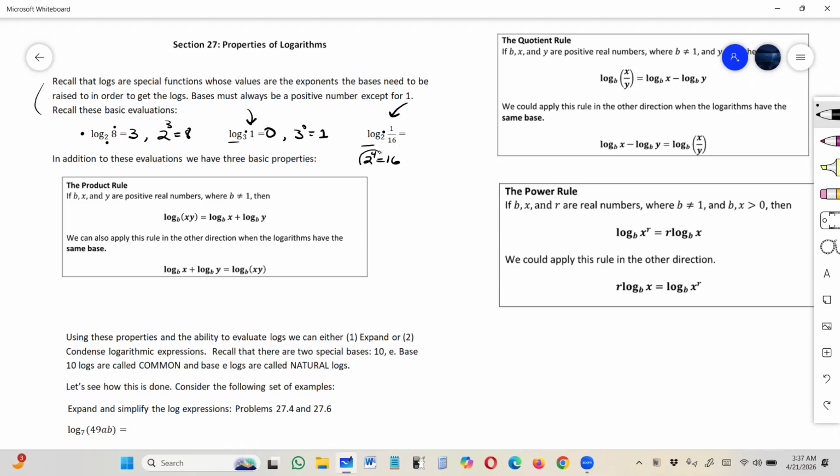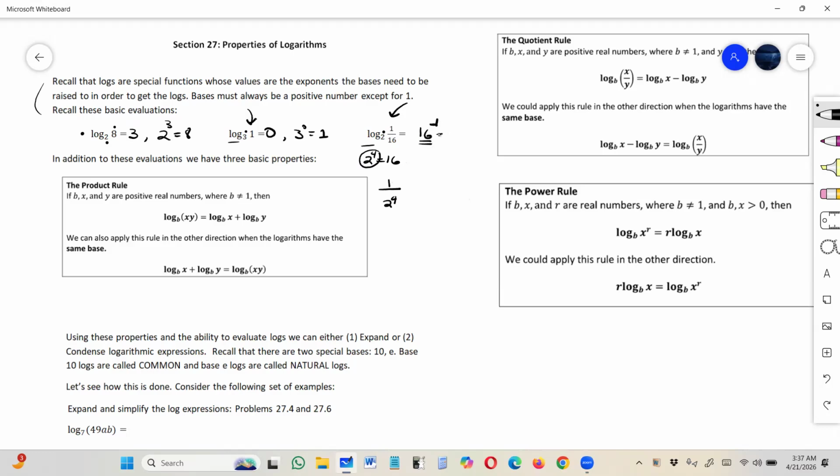So I can write 1 over 16 as 16 to the negative 1.